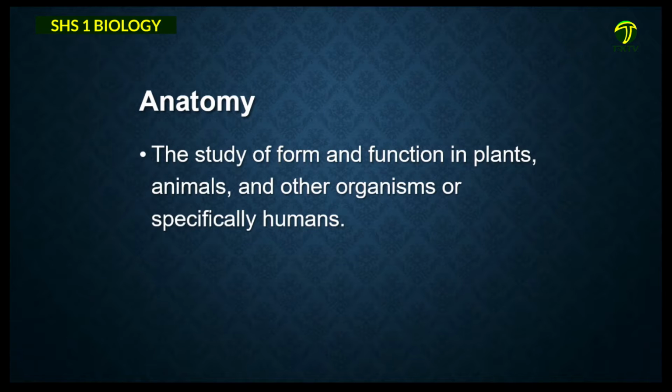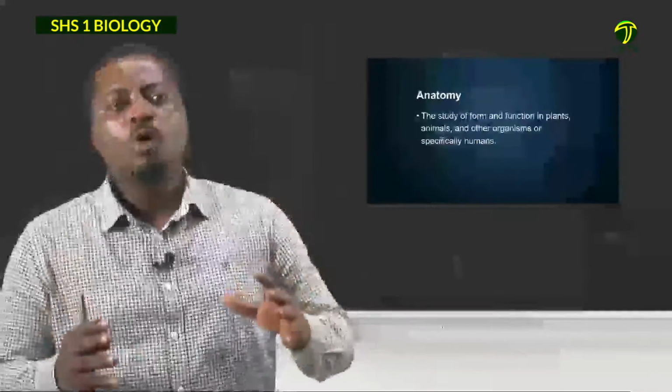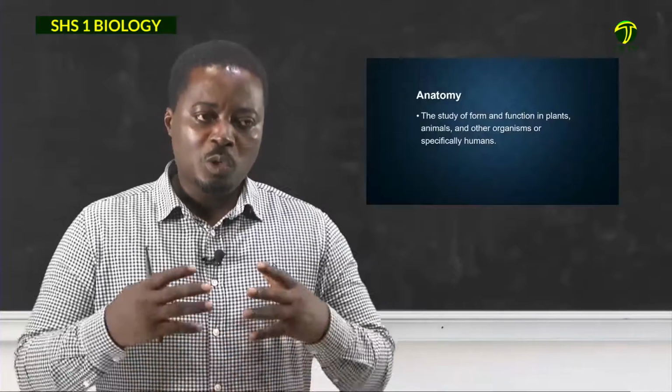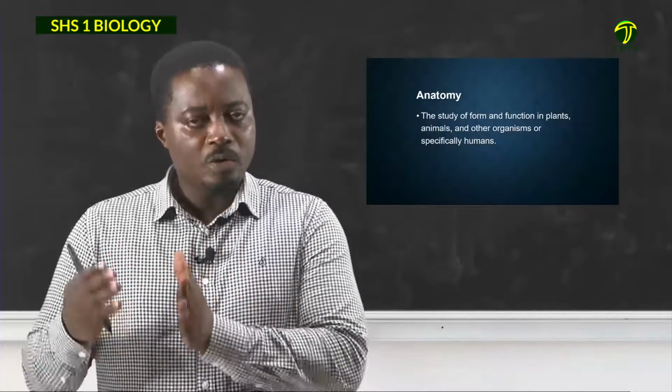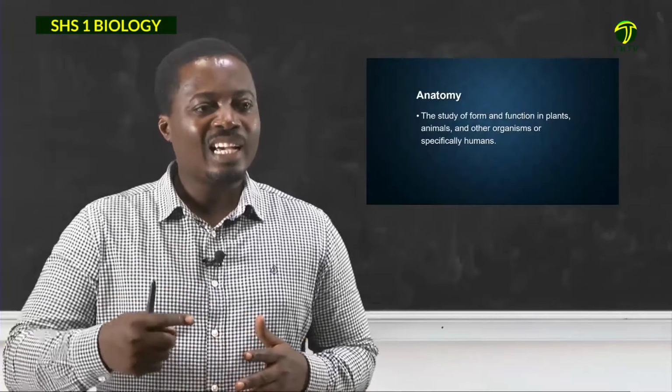So if you study the forms and functions in plants and animals, we are saying that you are studying anatomy. So you look at the shape, how it is formed, how the body parts function, and all those things. When you go into detail and that is your area of study, then we say you are studying anatomy.